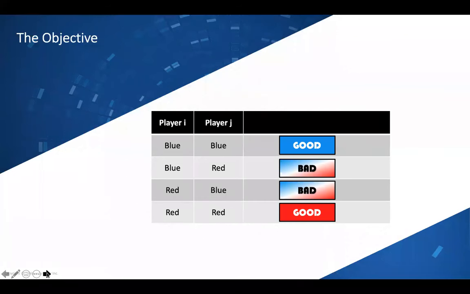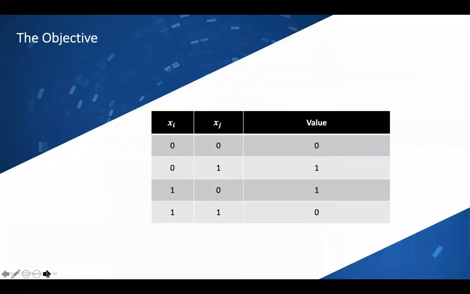And now what we have to do is make this mathematical. And the first step is to put in the QUBO variables, zeros and ones. 0 in this case corresponding to blue, and red corresponding to 1. And it doesn't have to be that way. That's just the step that we chose. You could do it the other way around. Both work. And then one more step now, and this is the key here, is to assign values to either one.